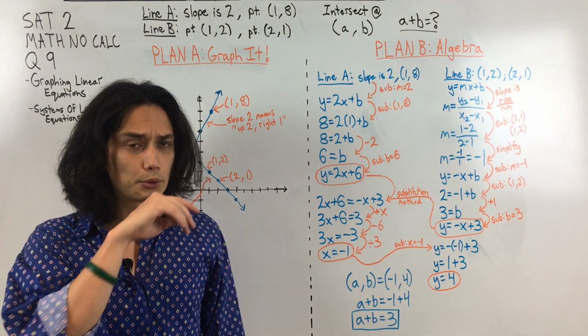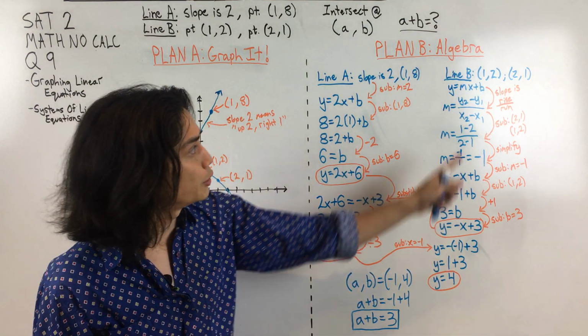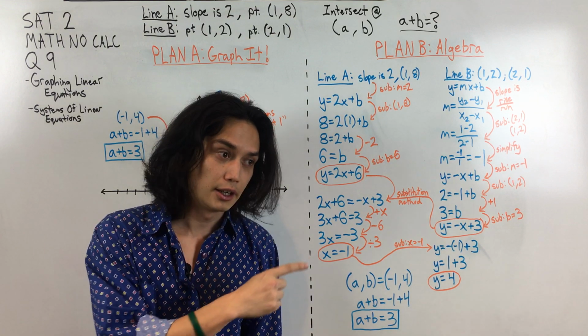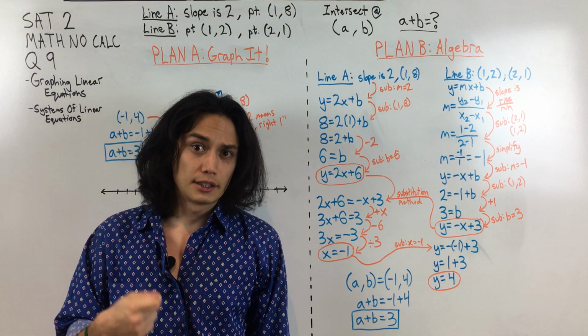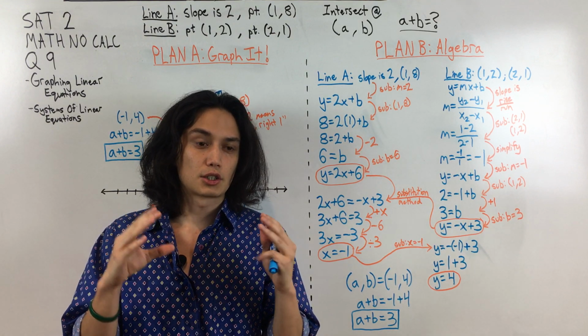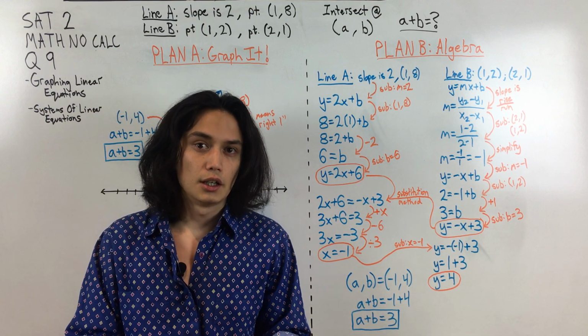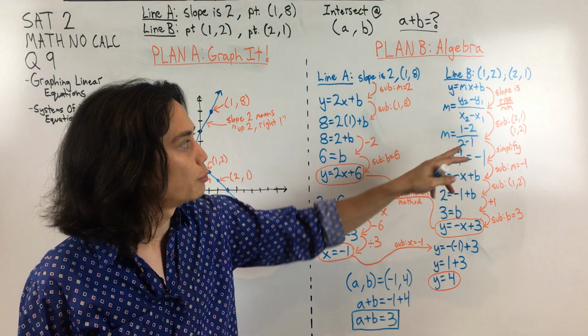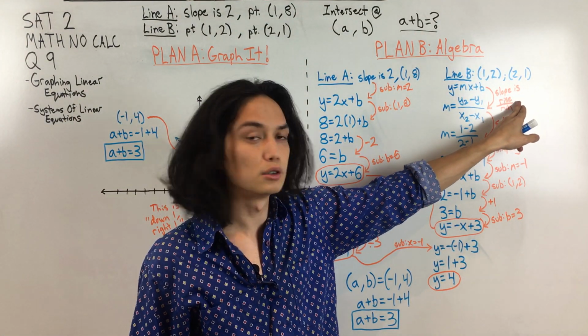Now, this is a little bit more complicated, but when you have 2 points like this, the fastest, easiest way to get from there to a y equals mx plus b type equation is to solve for m first, using your knowledge that slope is rise over run.